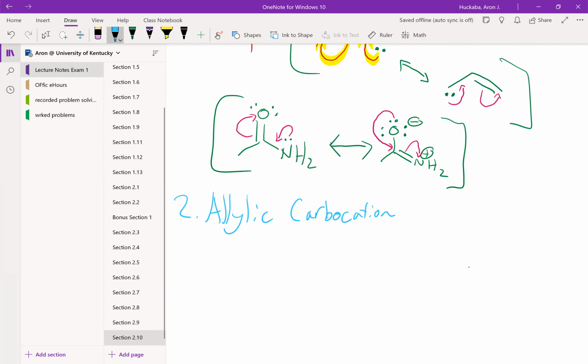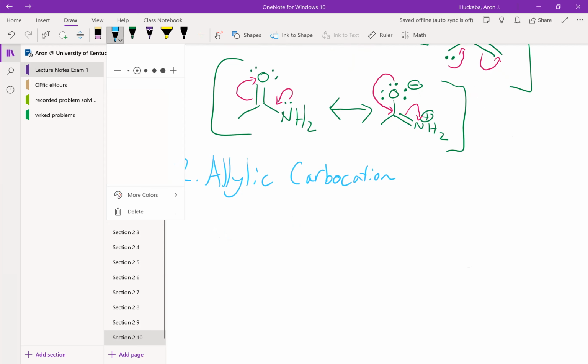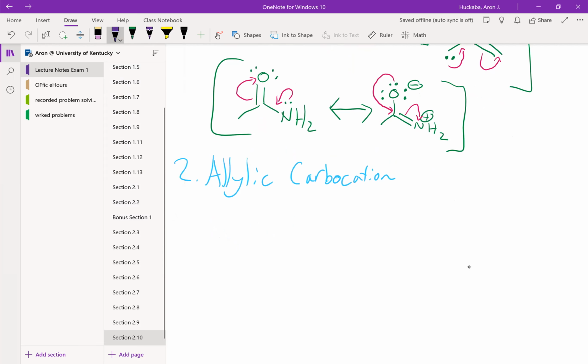So it's kind of the same idea, except instead of a lone pair like this, now we have a carbocation. And this works because the carbocation also is in a p orbital. We can draw that kind of like we did before. So remember, we have the p orbitals.